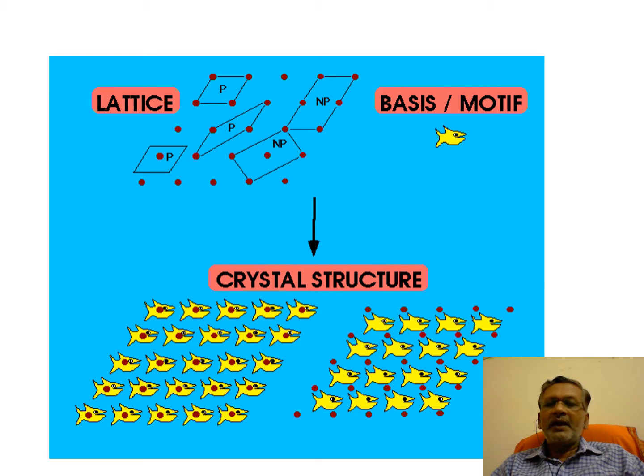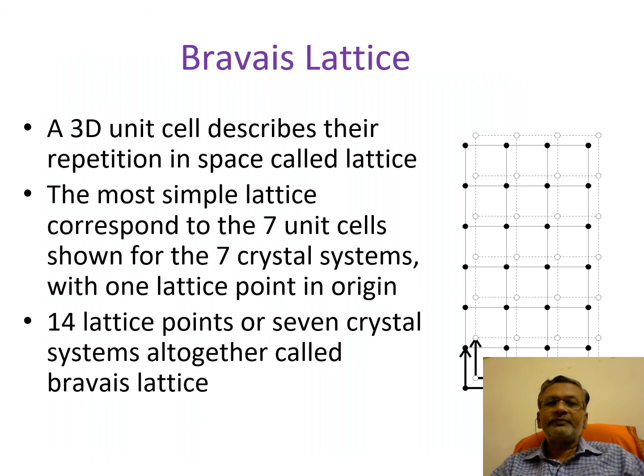And we know lattice plus basis is called crystal structure. Lattice is a periodic arrangement of points in space. If a lattice point is attached with an atom or a group of atoms, it becomes a basis. This lattice plus basis is called crystal structure.